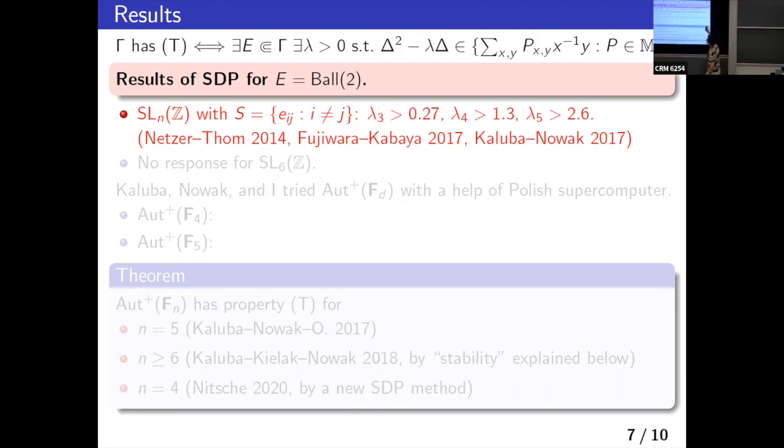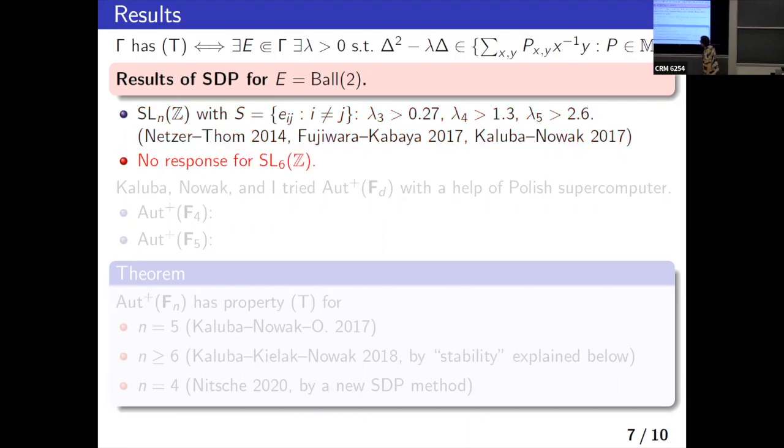Anyway, they did SL_n(Z) up to n equal to 5. SL6 was already problematic, because the size was huge. And Out(F4) was already problematic because it has 10 million variables. But Kaluba, Nowak, and I tried it with a Polish supercomputer to factor the problem, making it a simpler problem by modding out the symmetry.